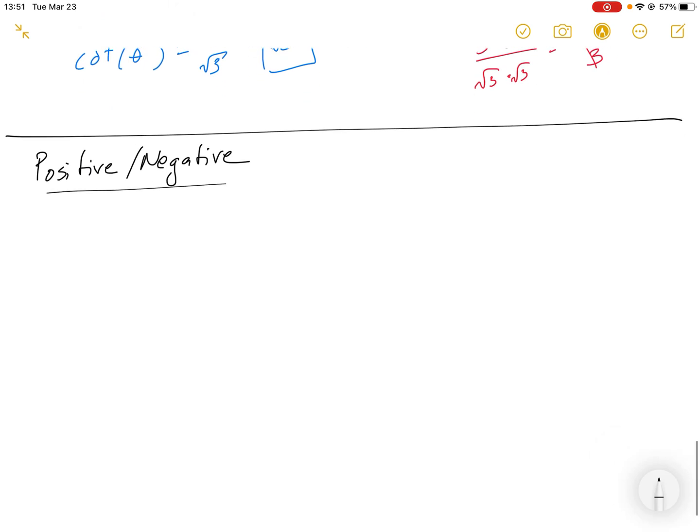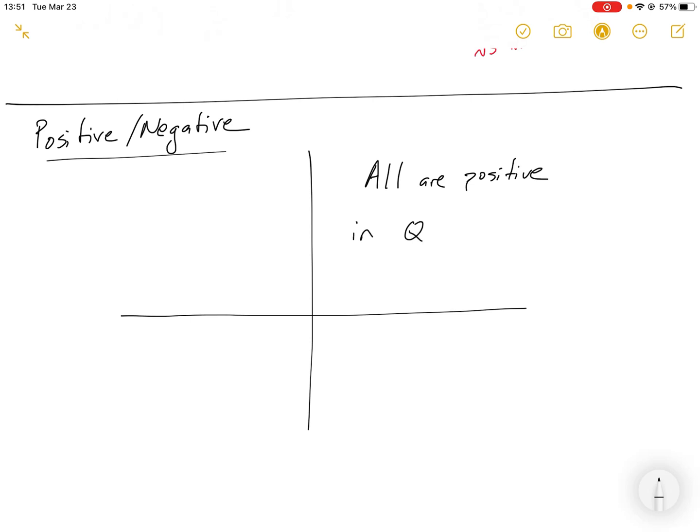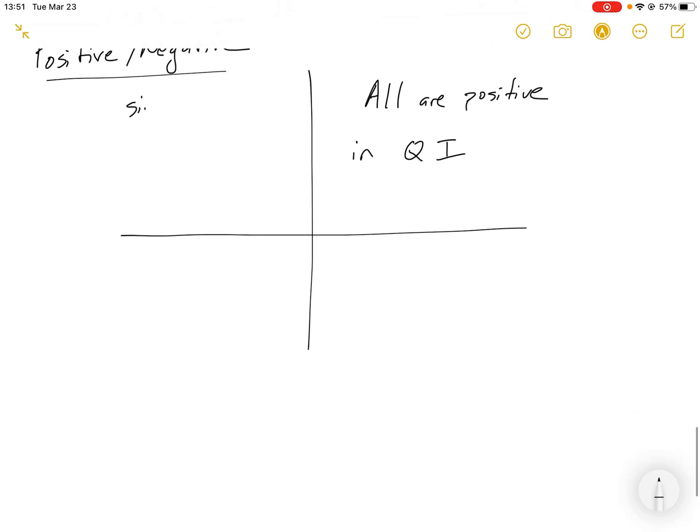Where the functions are positive and negative. So in quadrant 1, all are positive. All of the trig functions are positive in quadrant 1. In quadrant 2, only sine and its reciprocal are positive. The others are negative in quadrant 2.